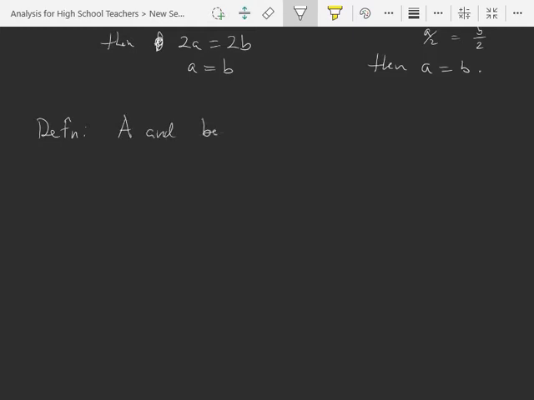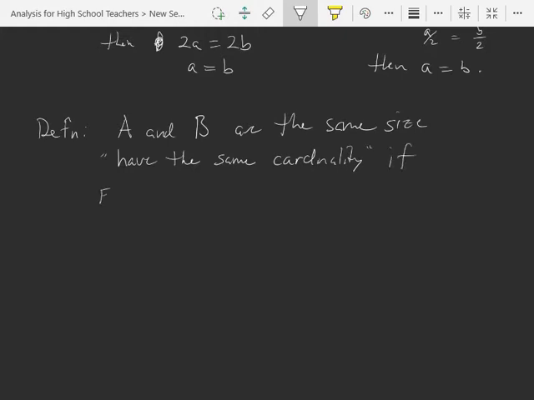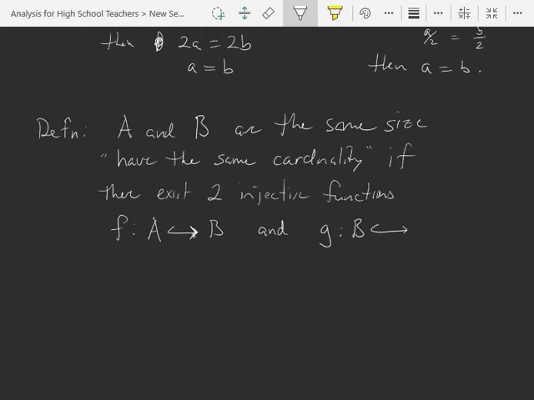A and B are the same size, have the same cardinality, if there exist two injective functions f mapping A into B. That hook arrow means into, and g mapping B into A. Okay.